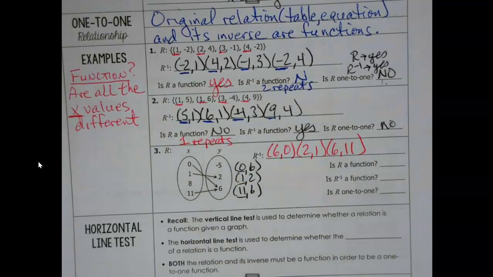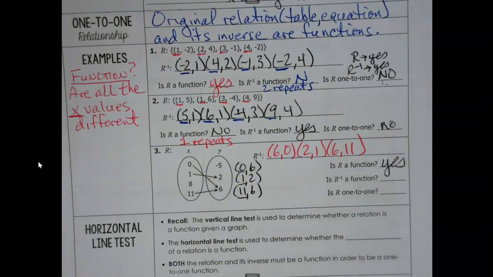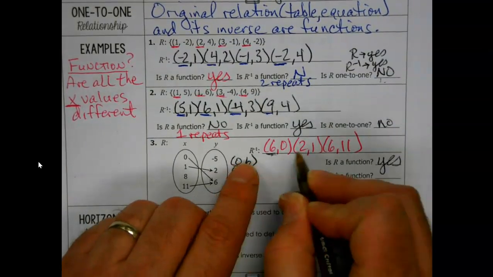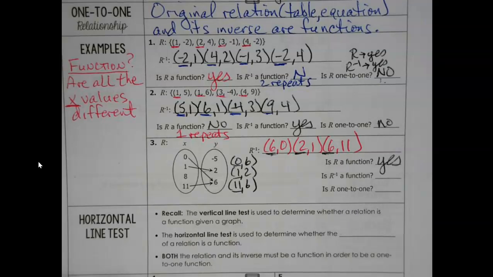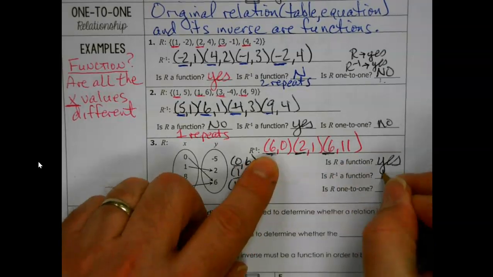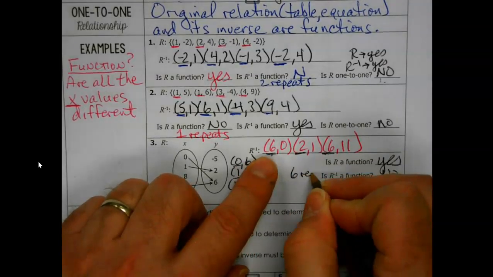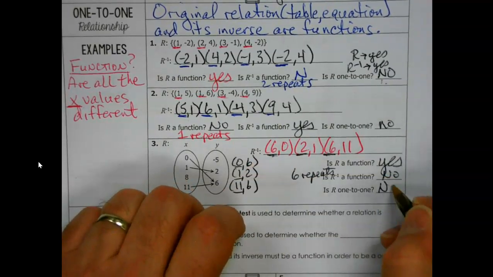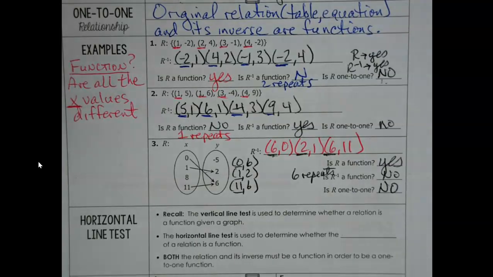Look at my x's in the first one. Everything's different. It's looking good. I look at my x's in the second one. I'm like, uh-oh. Nope. 6 repeats, so that's a no-go. And since the answers to both of those are not yes, this answer is going to be no.